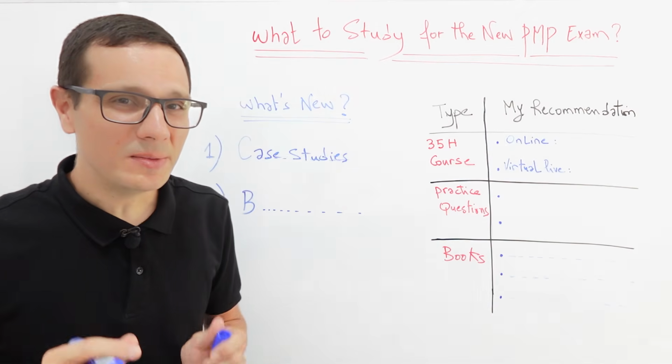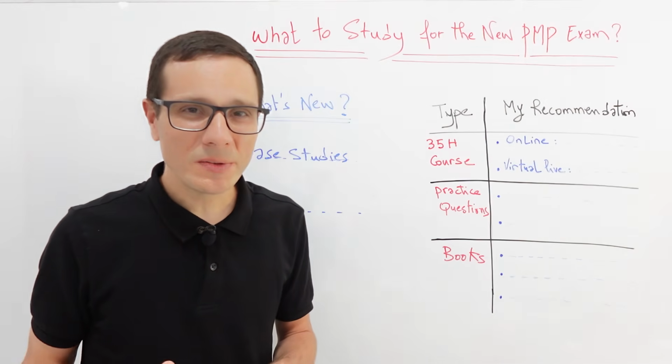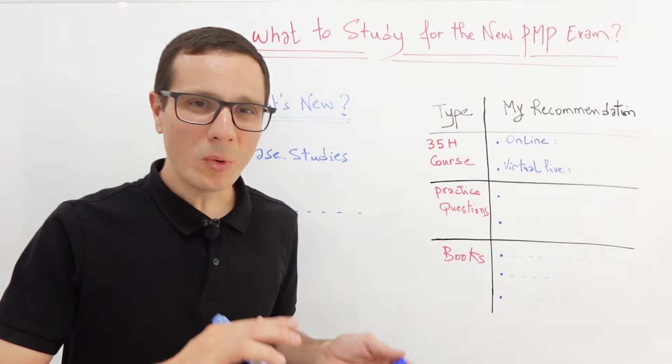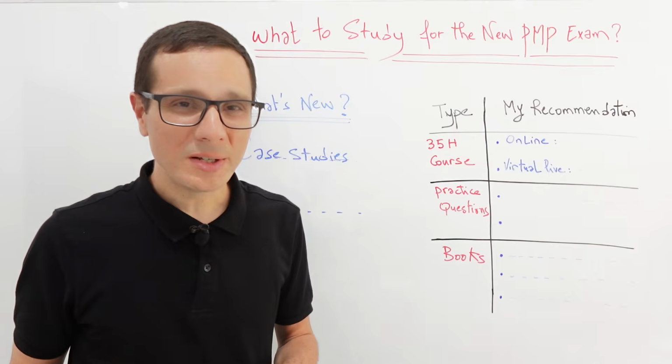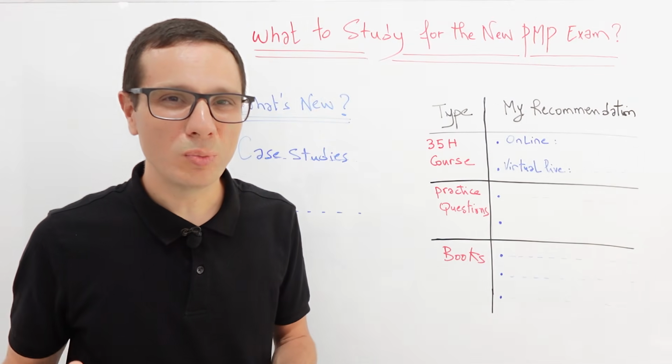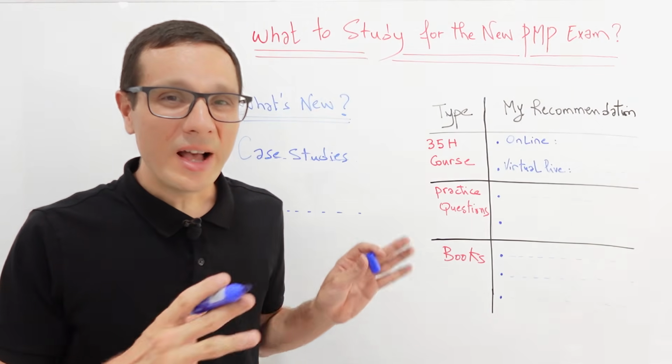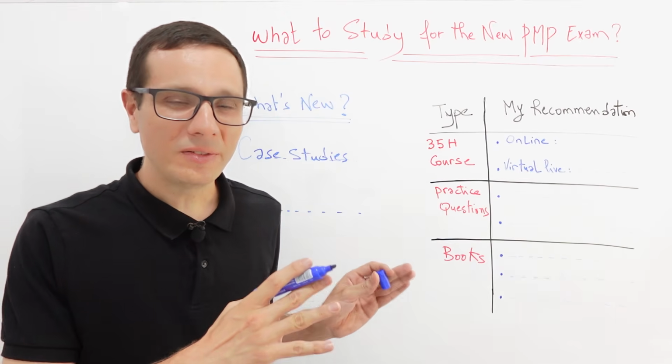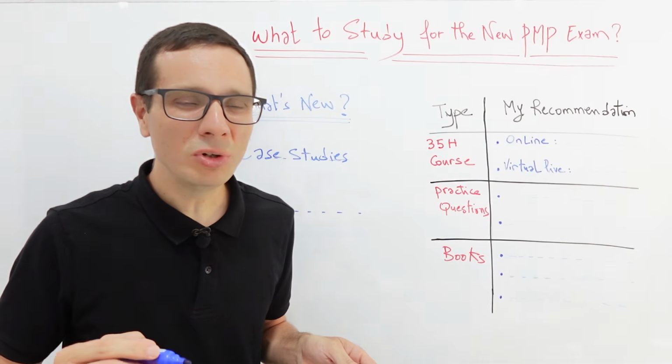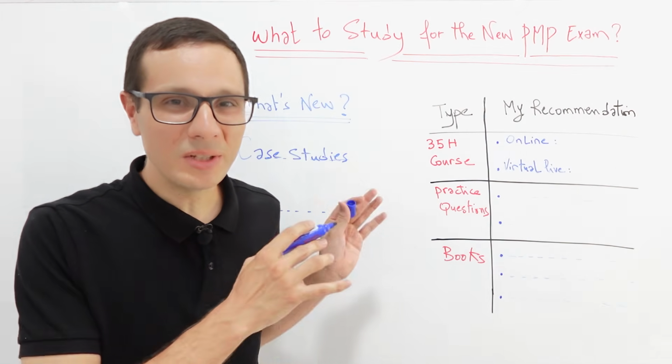What do case studies mean? Actually, they are questions, but instead of having a question and then 4 options and it's over, and after that you move on to another question, we have a case study, and after the case study you will see 3 to 5 questions related to it.